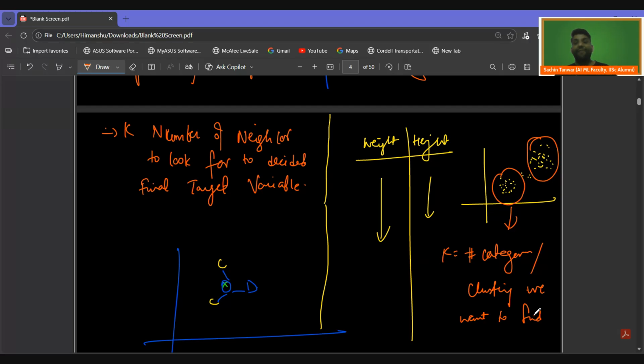So we first have to tell how many categories or clusters we would like to find out, and then initialize what the initial cluster centers should be.